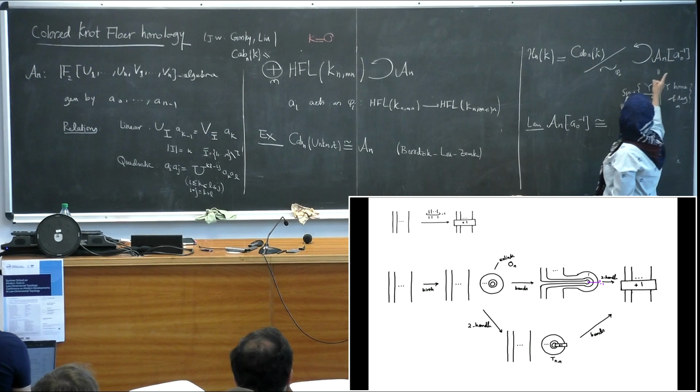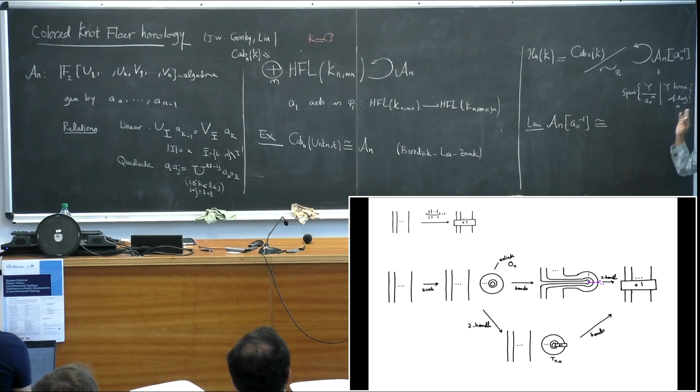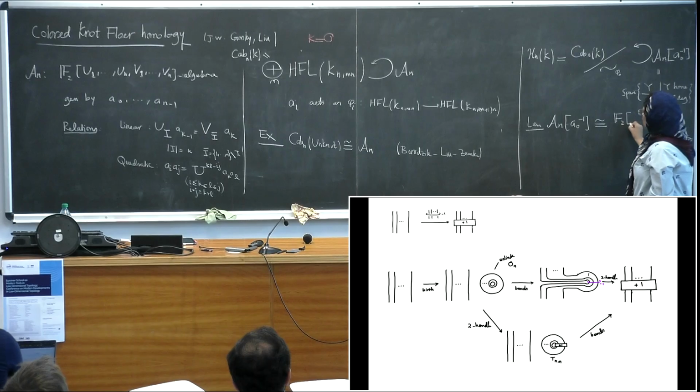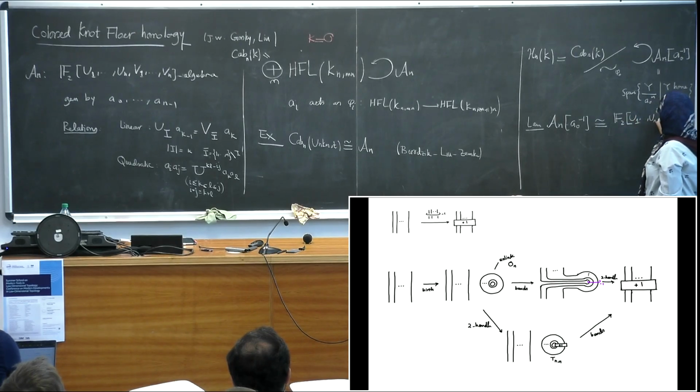Well, when you invert A0, then this will simplify a lot. It's going to be the quotient of, I'm going to first describe this version, but then we'll write down the simplest one after that.